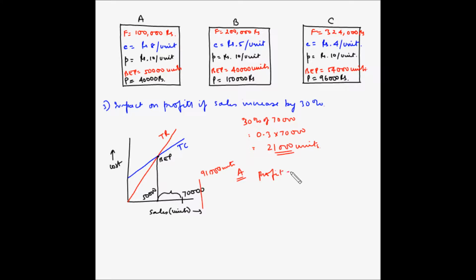profit is equal to the number of units being sold, which is 91,000, minus the number of units at break-even point, which is 50,000. So this is equal to 41,000 units.